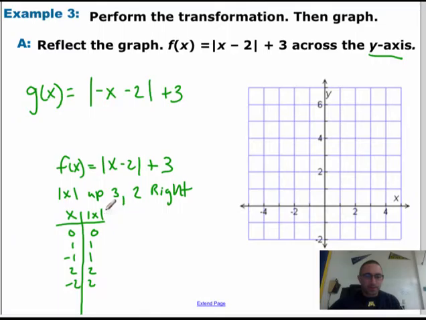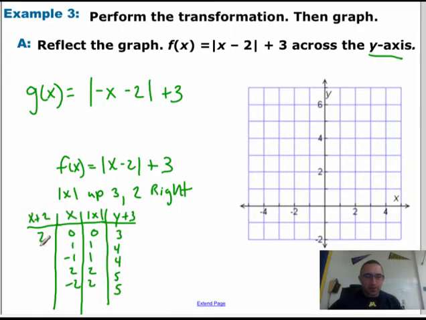Now, if I take those points and I add 3 to y values, 3, 4, 4, 5, 5, and I take x and add 2, 2, 3, 1, 4, 0, I now can graph those points to get f of x.